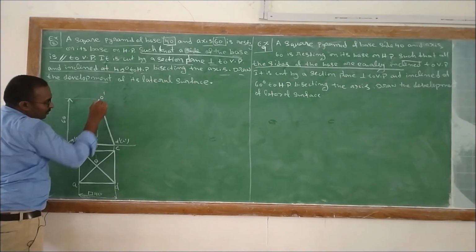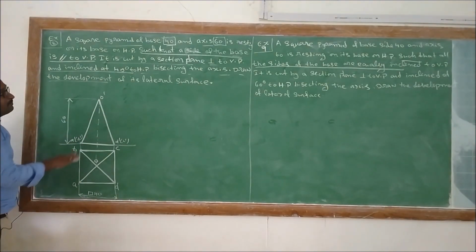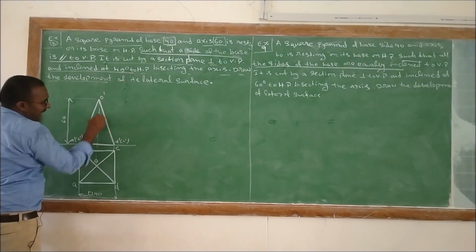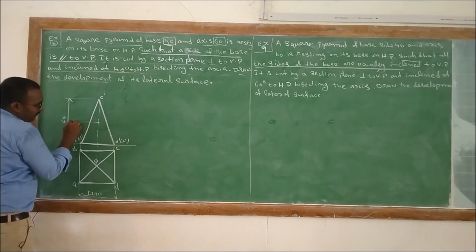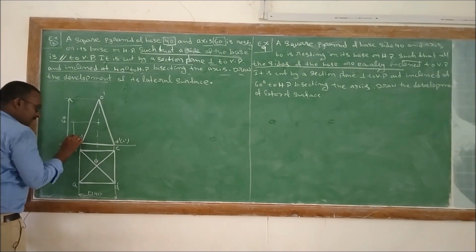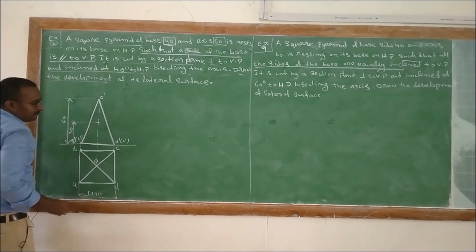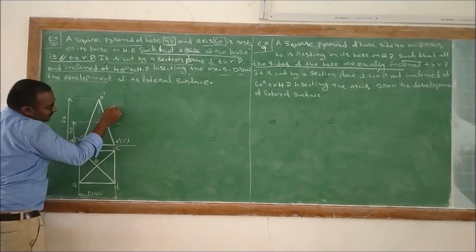And here it is O dash, right? So this is the simple position of the problem. Then it is cut by a section plane bisecting the axis. So here total height is 60, mark 30 mm exactly, and then here to here it is 30 mm. Then exactly 45 degrees inclination.